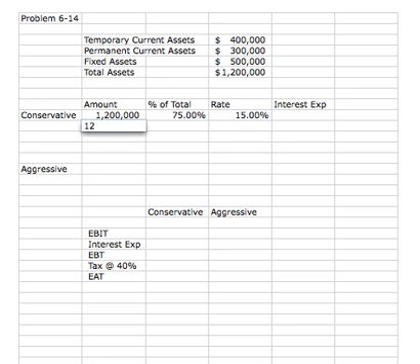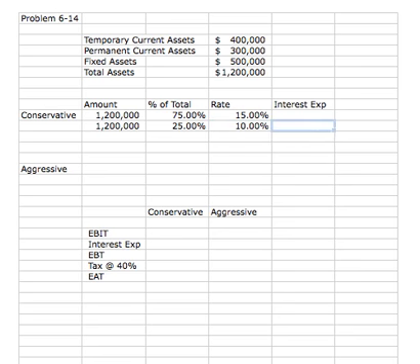That means the remainder, which is 25%, right, because we need 100% of our assets financed, will be financed using short-term financing, which is at 10%.